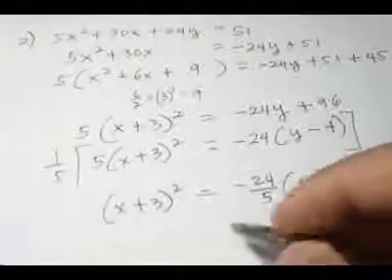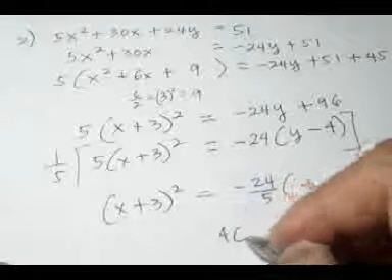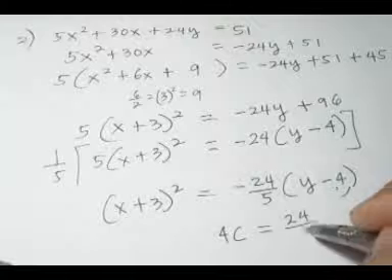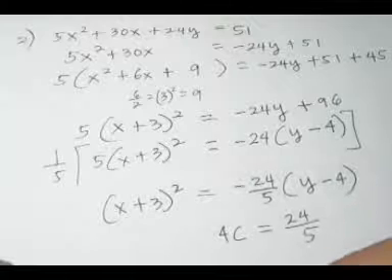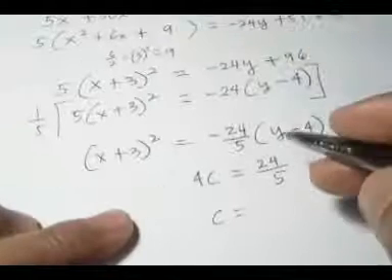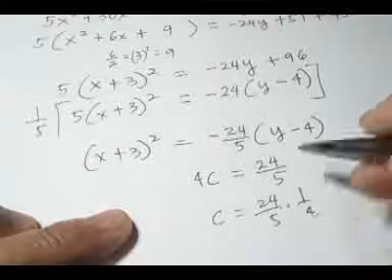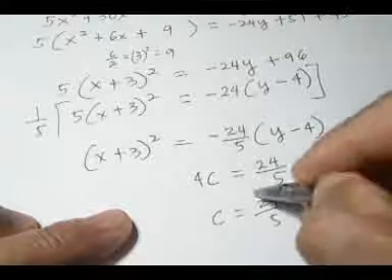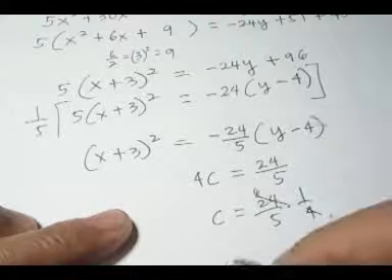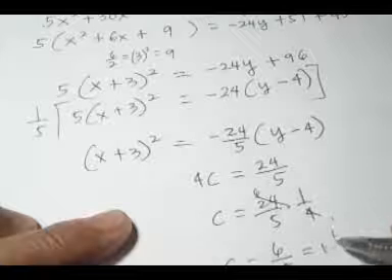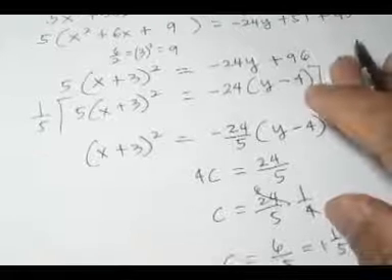So 4c is equal to 24 over 5. So c is equal to 24 over 5 times 1 over 4. Cancel this out. This is 6. So c is equal to 6 over 5 or 1 and 1/5.